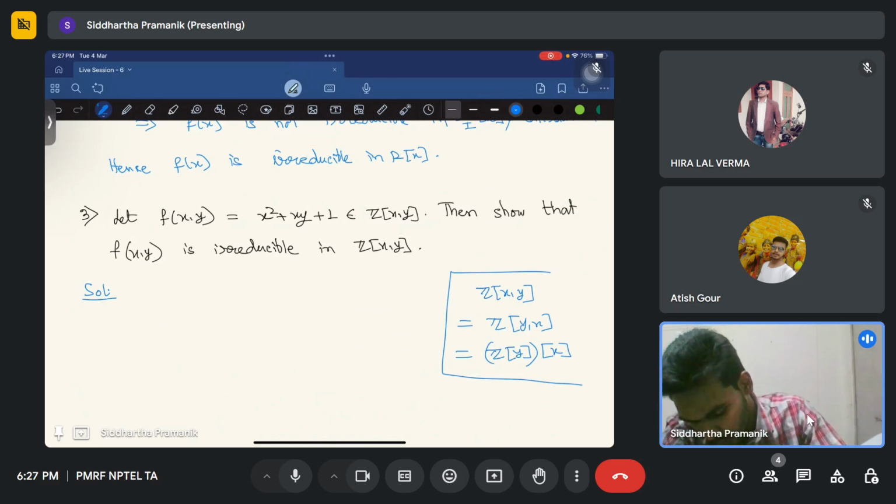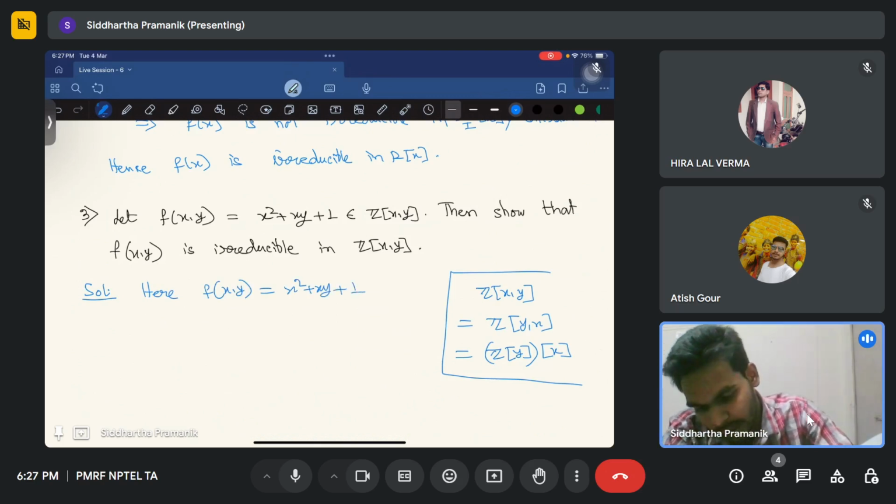Okay, let me be very clear. Here f(x, y) equals x squared plus xy plus 1.